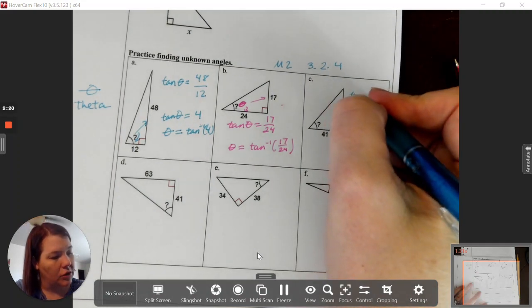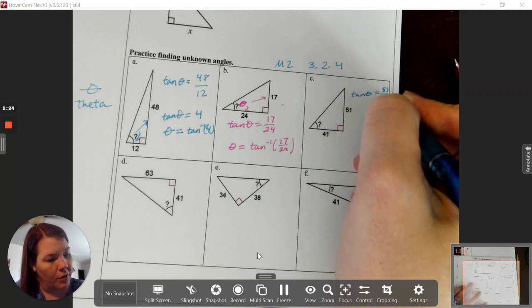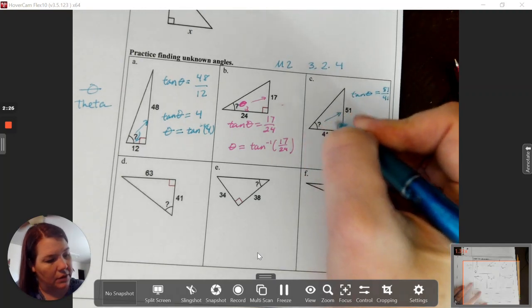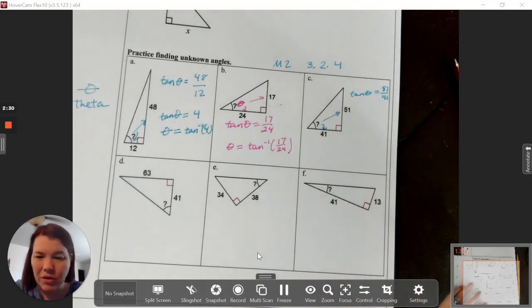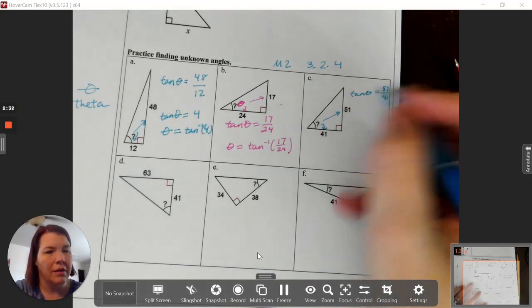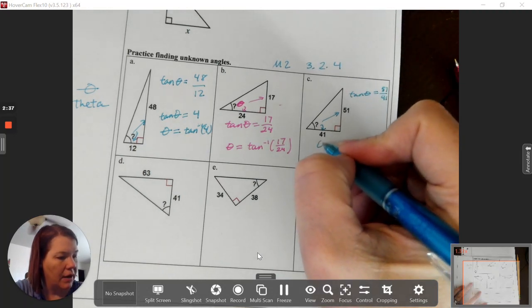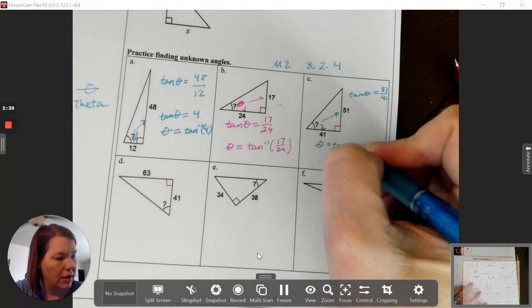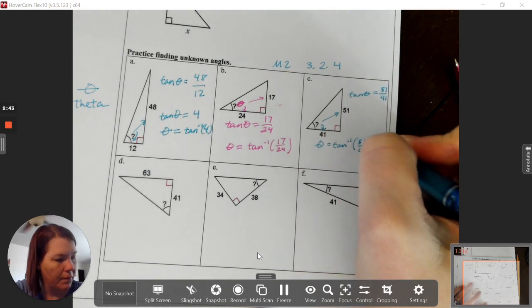So I will get tangent of theta is 51 over 41, because opposite over adjacent. The important trick is where do I set it up? And so then I'll have theta is equal to tangent inverse of 51 over 41.